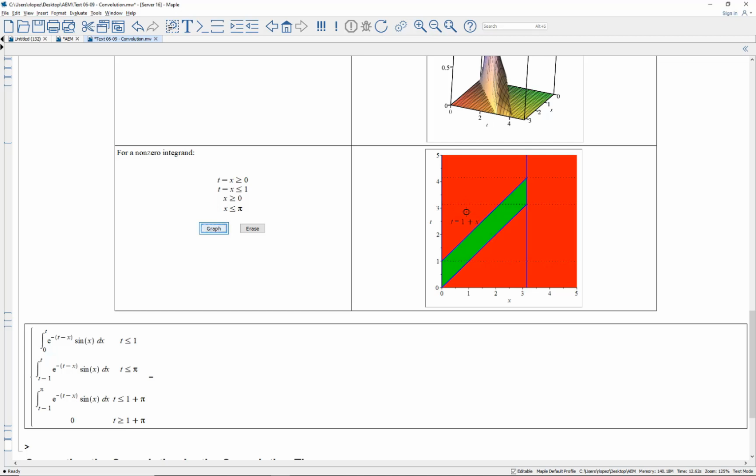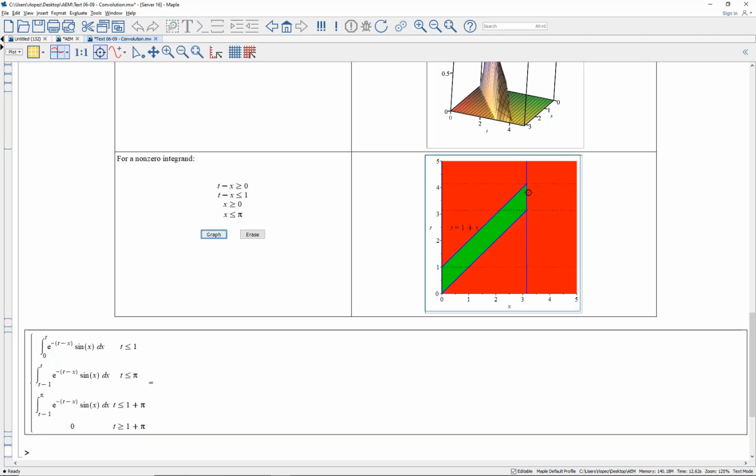Above pi, and as far as pi plus 1, the integral is from this line to x equals pi. And this line is x equals t minus 1. So you have these integrals to evaluate, giving rise to a piecewise function.